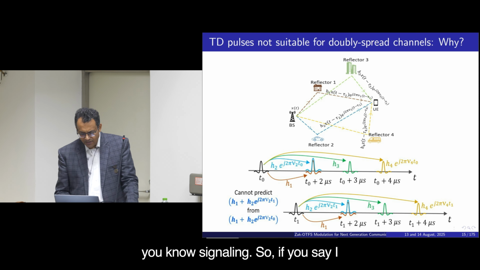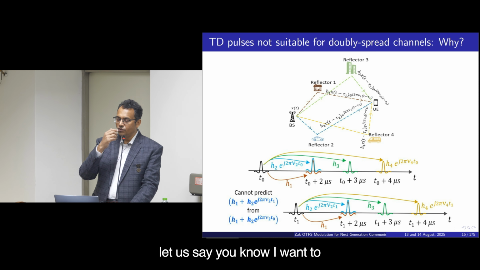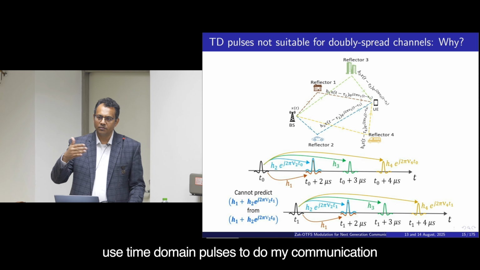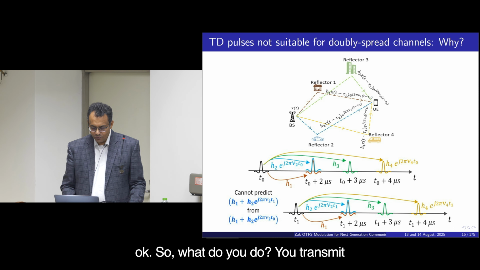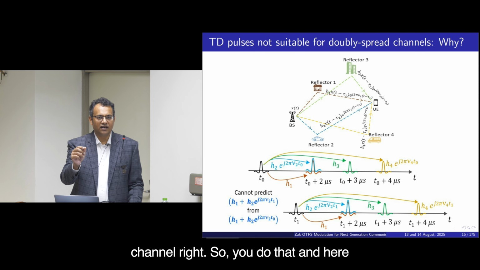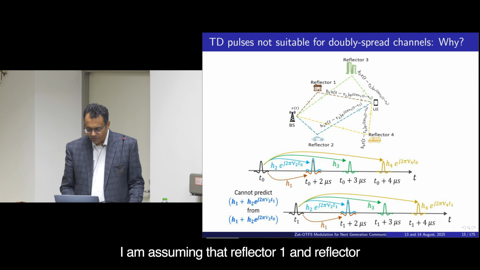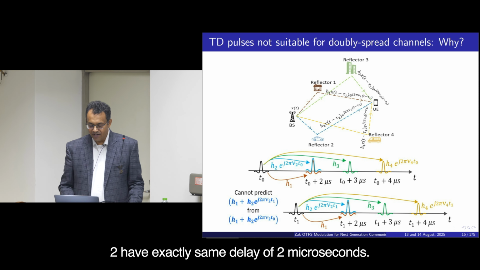So if you say, I take the 4 reflector example again, and let's say I want to use time domain pulses to do my communication. Okay? So what do you do? You transmit a time domain pulse initially to estimate the channel, right? So you do that, and here I am assuming that reflector 1 and reflector 2 have exactly the same delay of 2 microseconds.